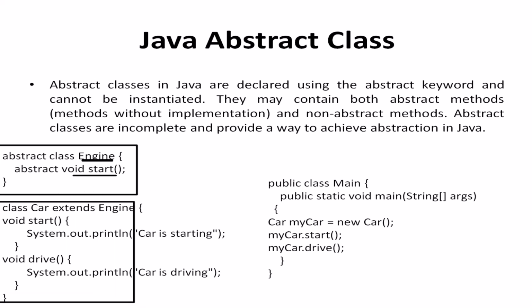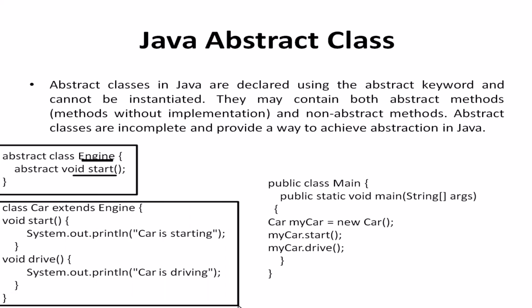So you use the extends keyword for inheritance. Here you use a method called start, where you print "car is starting". Next you declare a method called drive, "car is driving".